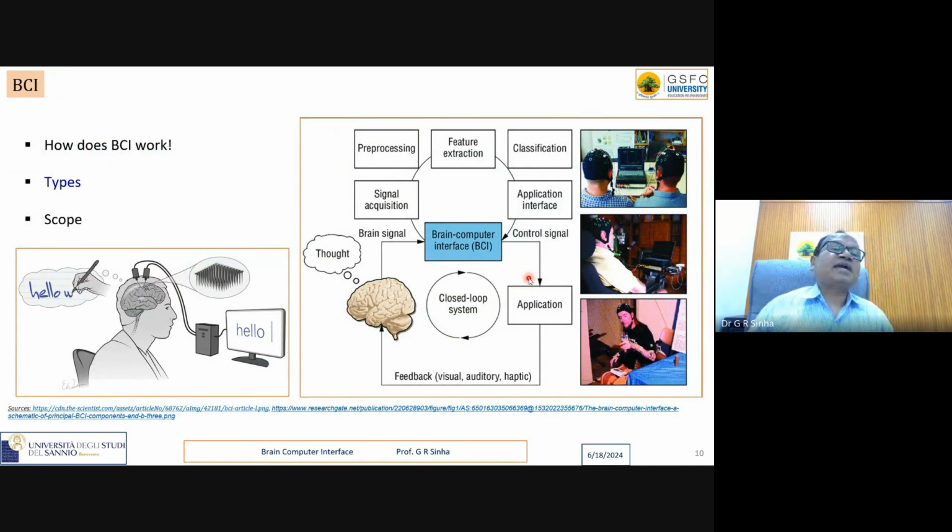We will discuss it under three different headings. One is, how does brain computer interface work? What are different types of brain computer interface, active brain computer interface, passive brain computer interface? And what are the scopes of BCI applications that we'll study?